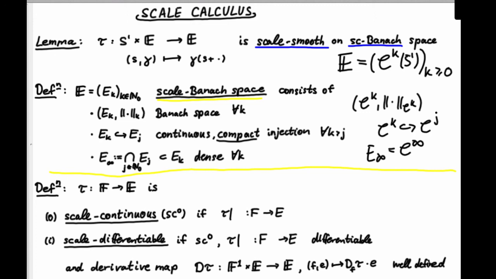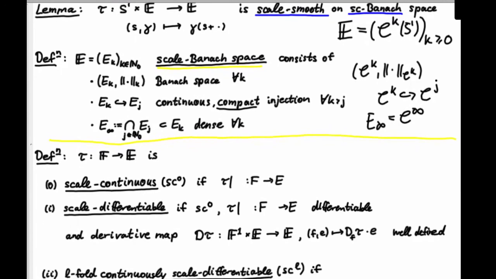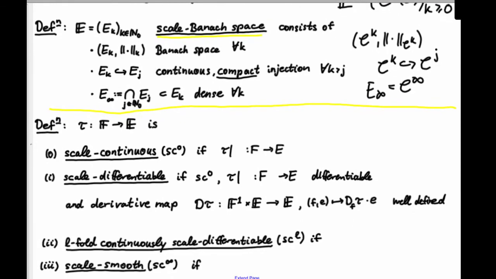And with that, we can completely formalize the properties that I had before. My property 0 was that from Ck to Ck, I had continuity. So I now need to look at a map between different spaces, and F, in my case, I'm going to write as S1 times the Ck spaces on S1.